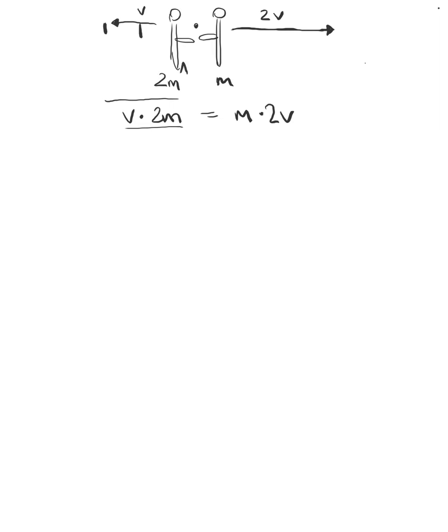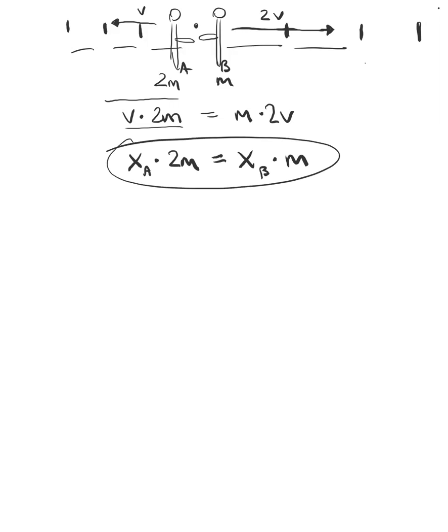Let me call this astronaut A, this is astronaut B. Every second, astronaut B will be moving twice as far from the origin as astronaut A. And then it's easy to verify that if you take the x coordinate of astronaut A and multiply it by its mass, this will always be equal to the x coordinate of astronaut B times his mass.